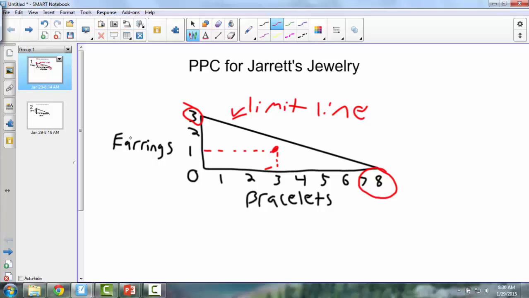Let's do yet another example. Let's say we want to produce 3 earrings and 5 bracelets. What does this mean?